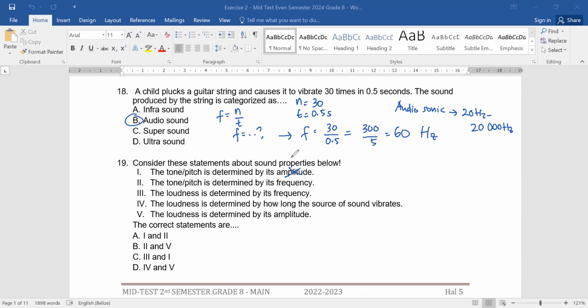Okay, and then the next one, the tone or pitch is determined by frequency. Okay, it's correct. The loudness is determined by frequency. No, it's by the amplitude, right? So this one is not correct either. The loudness determined by amplitude is correct. So the answer is 2 and 5. So it's Bravo, or B.